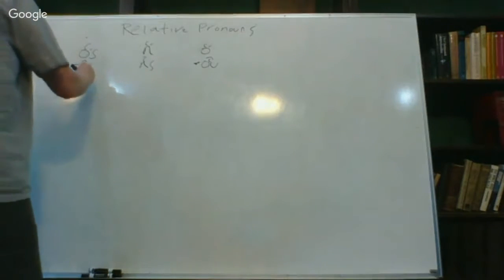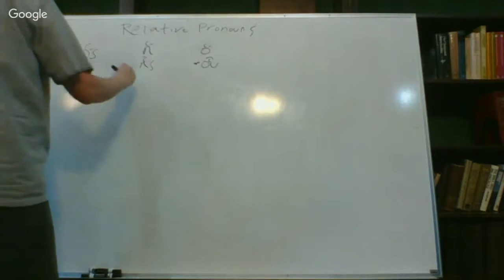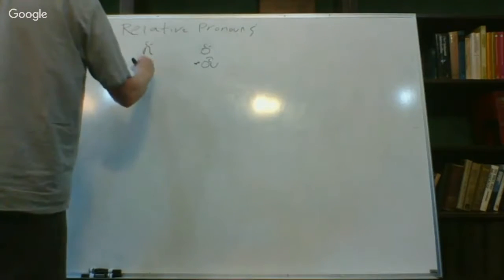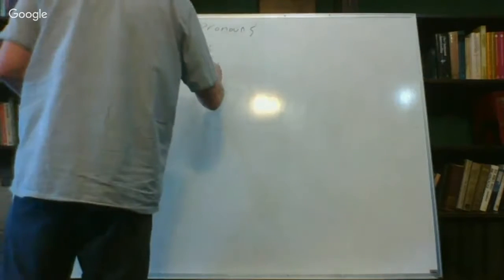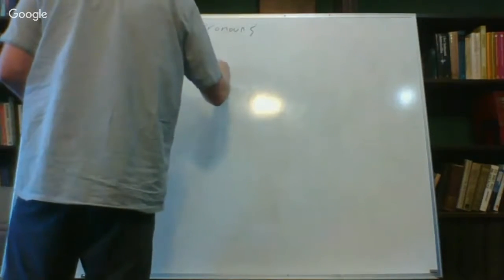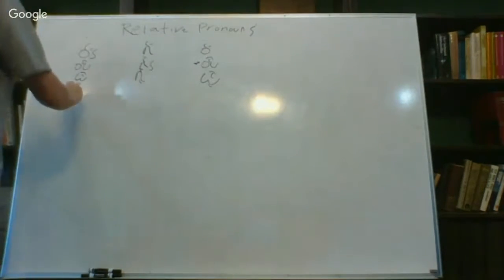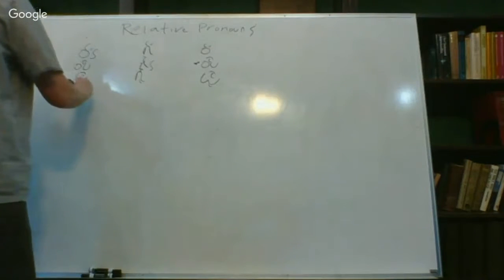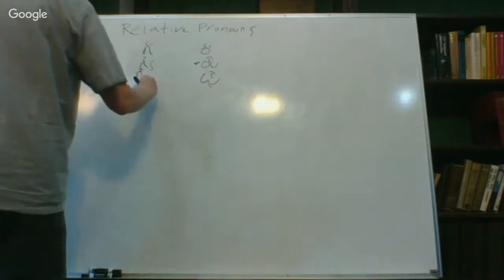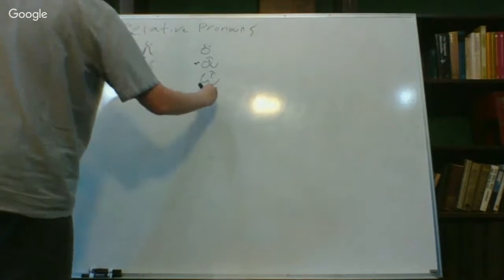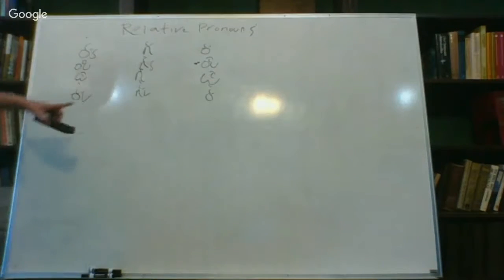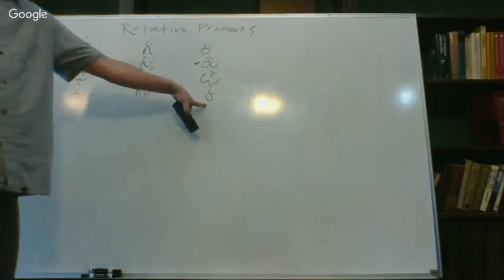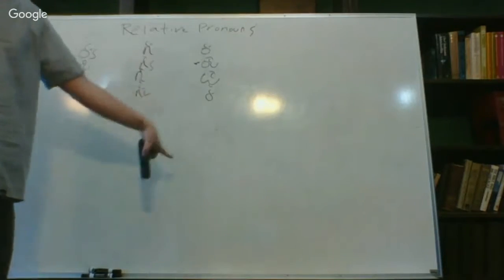And then we're going to have hō, hē, hō. Pretty standard. And then we're going to have hon, hēn, ho. So we see that the neuter has stayed the same in the nominative and accusative.